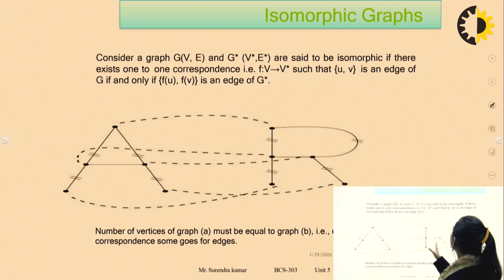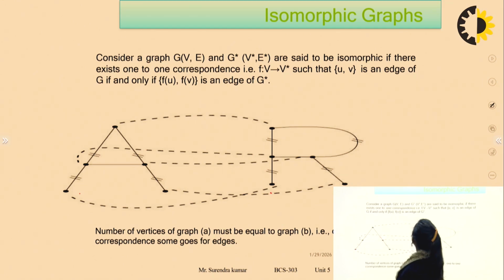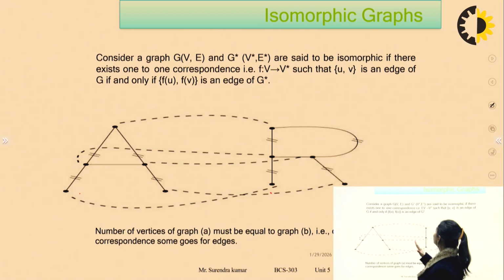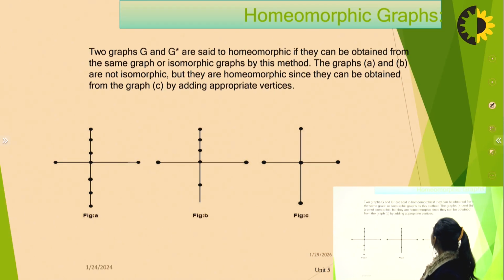They are said to be isomorphic if there exists one-to-one correspondence, that is, this vertex V maps to this and correspondingly such that UV is an edge of G if and only if F of U, comma, F of V is an edge of G star. So, number of vertices of graph A must be equal to graph B, that is one-to-one correspondence, same goes for edges. So, if the edges and vertex when we map, they are corresponding to each other, we say it's an isomorphic.